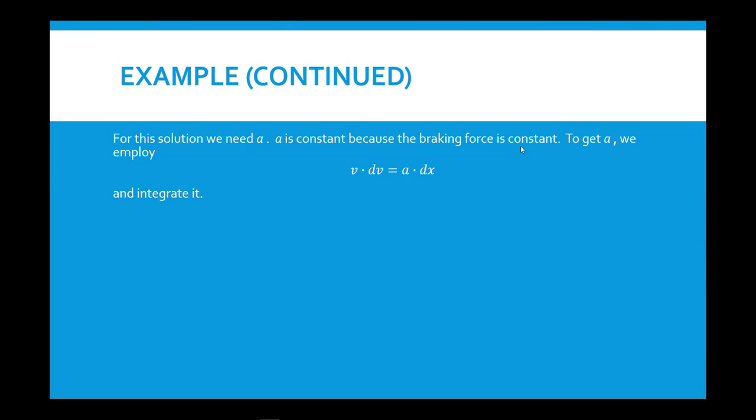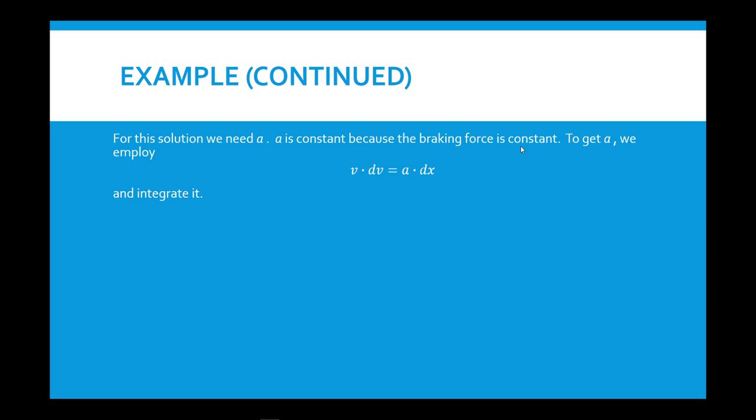But for this solution, we need the acceleration. We don't have the acceleration. We do know that a is a constant because the braking force is constant. To get a, we employ a different formula that relates velocity, acceleration, and distance. Notice that the time does not appear in this formula. This is another one of the standard 1D dynamics formulas that basically fall out of the case of constant acceleration and the relationship between distance, velocity, and acceleration.